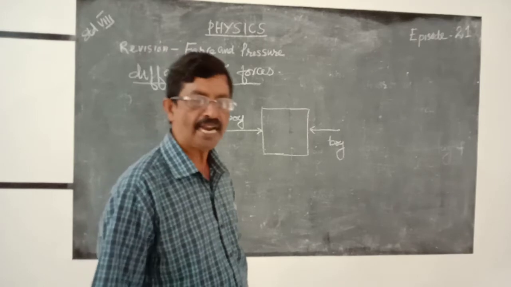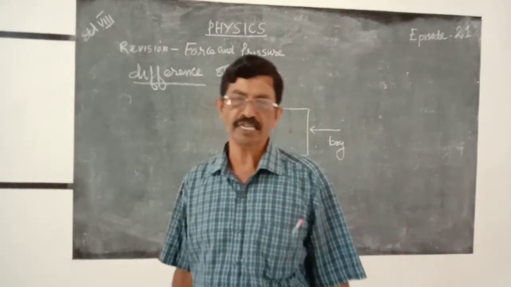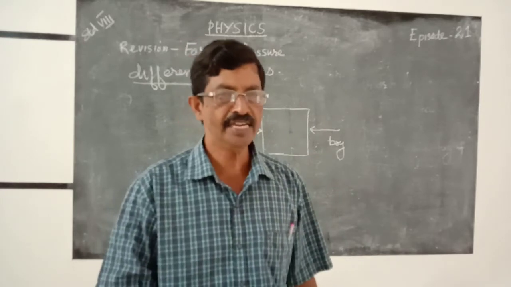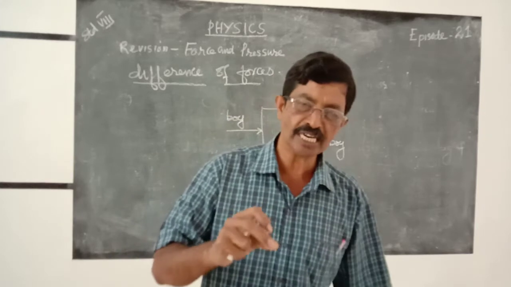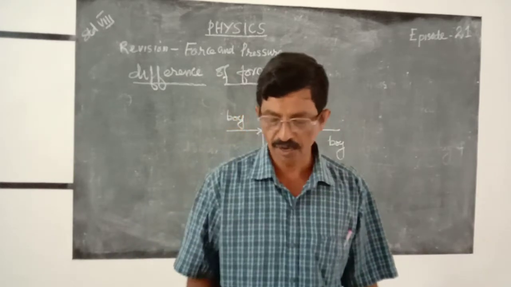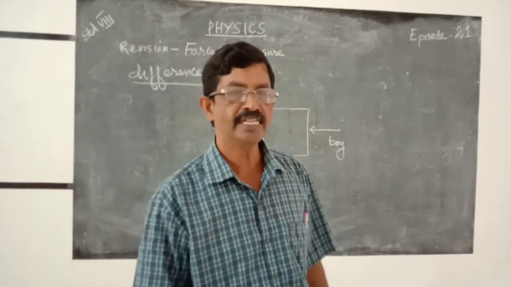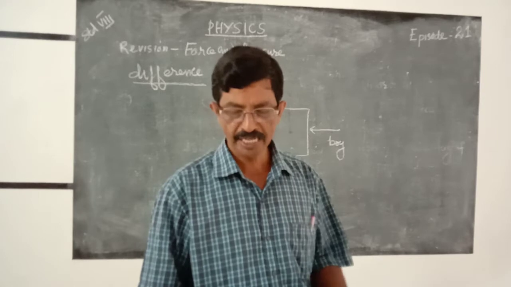So we can add forces and also we can take differences of forces. If the forces are in the same direction, then we add the forces together, and if they are acting in the opposite direction, then we take the difference. Now another question to you.